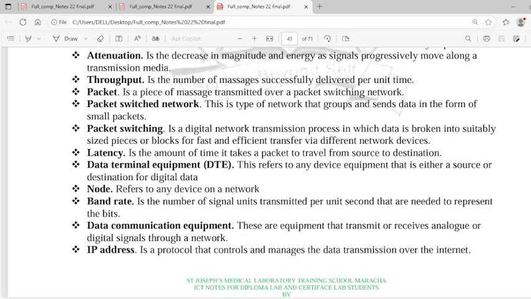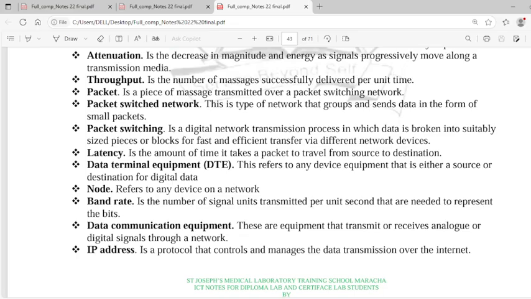Packet switching is a digital network transmission process in which data is broken into suitable sized pieces. The suitable sized pieces are what we call packets. So in the transmission process, the data is broken into small pieces, and these pieces are packets, or blocks, for fast and efficient transfer via different network devices.